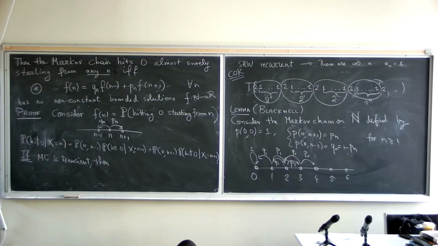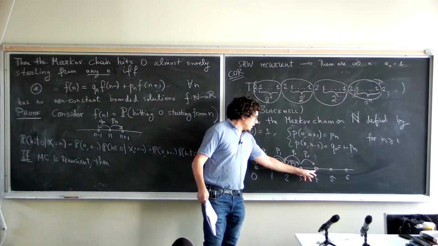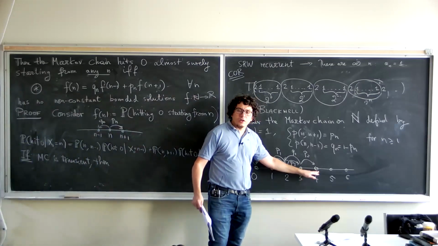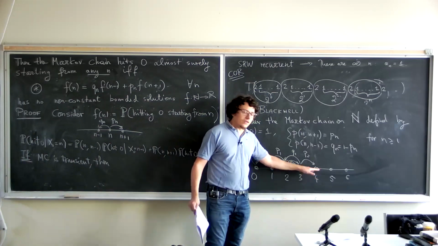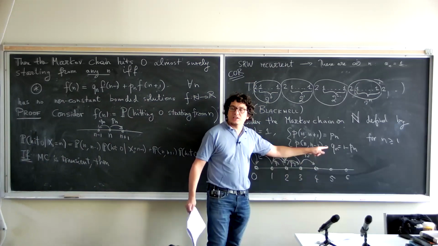Why? What does it mean that it's transient? It means that starting somewhere, there is a certain escape probability, a positive probability of never going to 0.